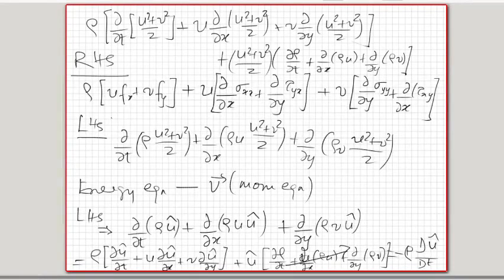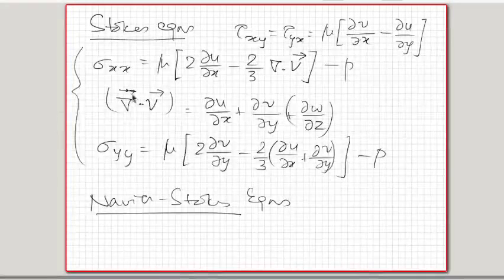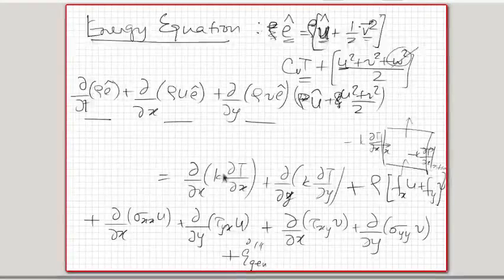Now what happens to the right hand side? Let's go back to the energy equation and look at it. The right hand side of the energy equation has a conduction term, which would stay as it is.